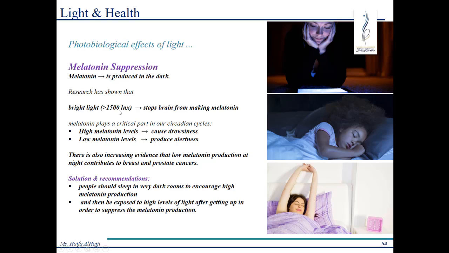The opposite is if the level of light is very low, below the required lighting, people will feel drowsy sometimes in interior spaces during the day. So I need to illuminate the space with the required illumination level to make them alert as well. Bright light that stops the brain from making melatonin should be above 1500 lux.